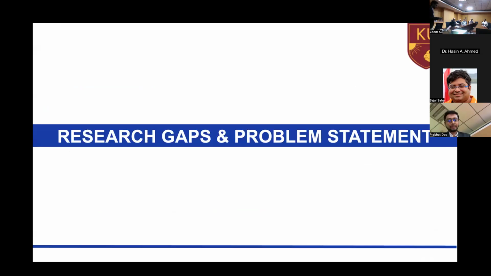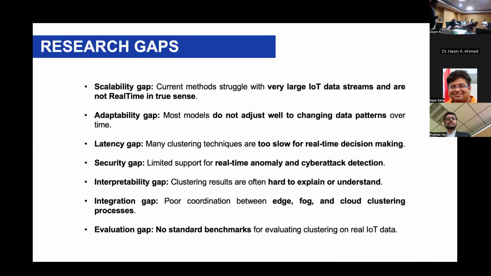So from this literature survey, or from these brief summaries that I have presented from all those papers that we have studied, this was the gap that we identified: scalability issues, adaptability issues, latency issues, security, interpretability, integration, and evaluation.